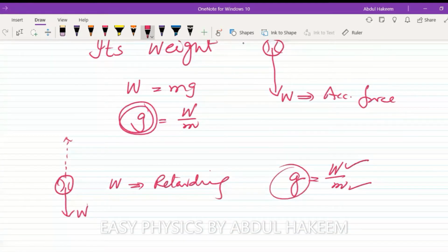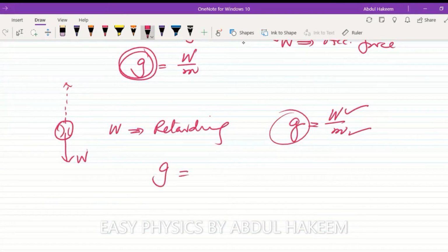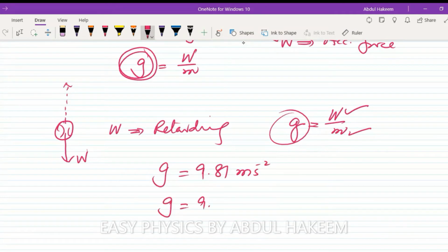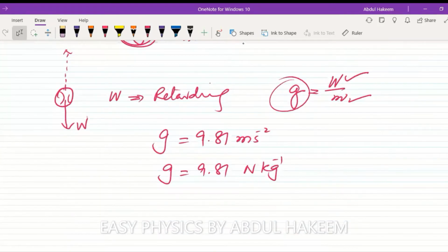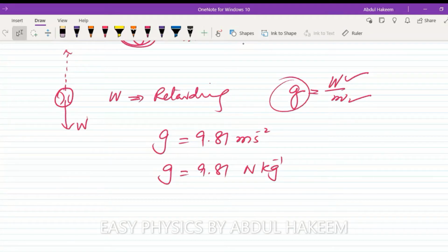And in A level, it is taken as 9.81 meter per second squared, or we can write 9.81 Newton per kg. So in the absence of air, the weight is the accelerating force, which is constant. Weight is the retarding force, which is constant. Hence, the acceleration is constant, which is equal to g.